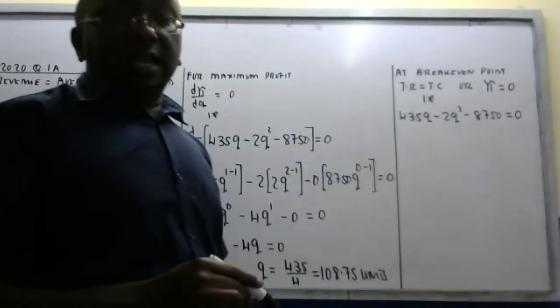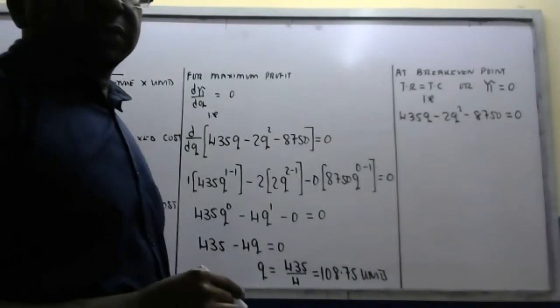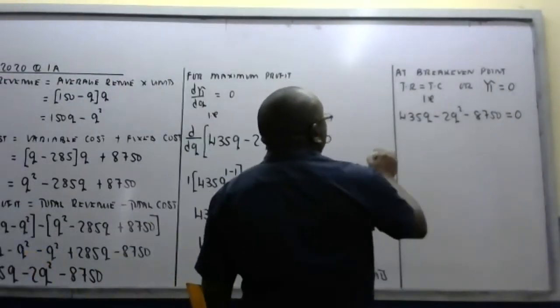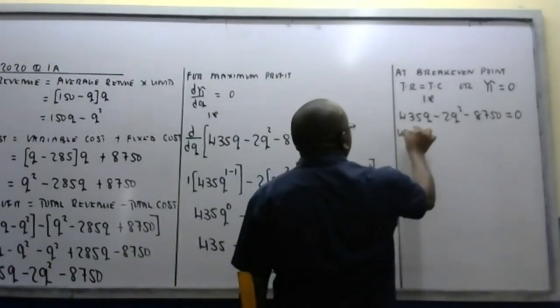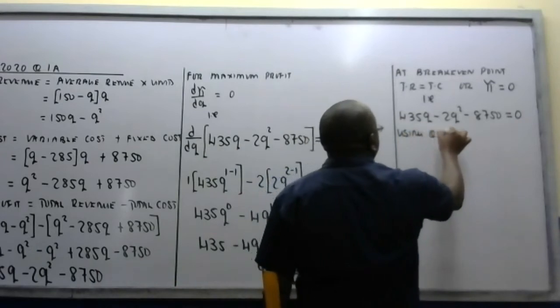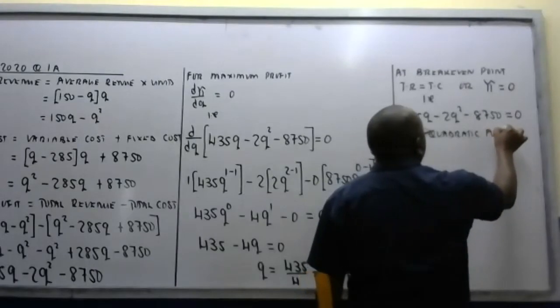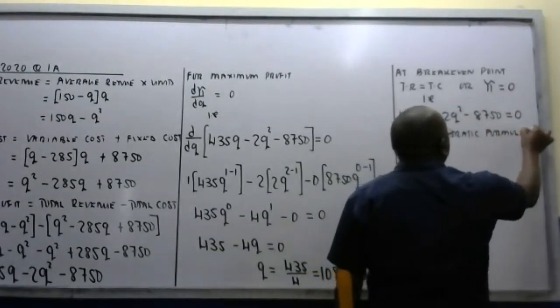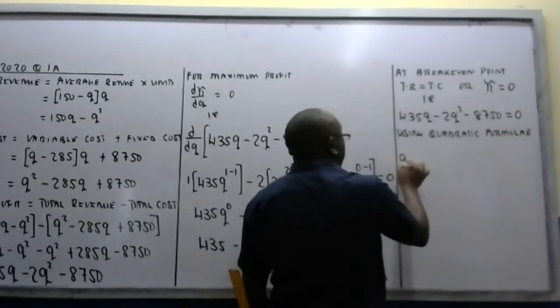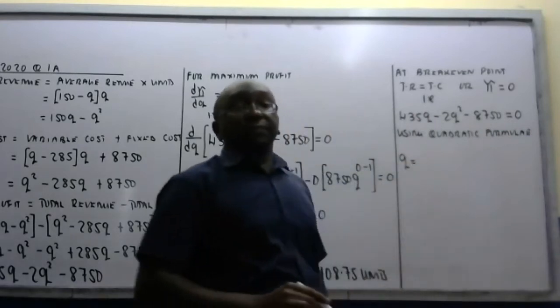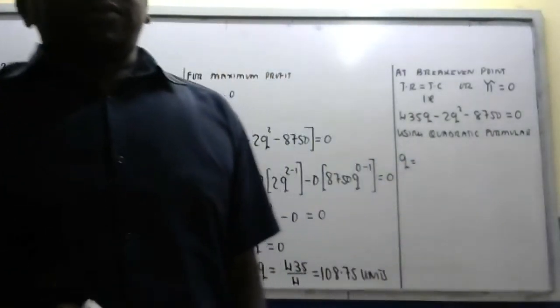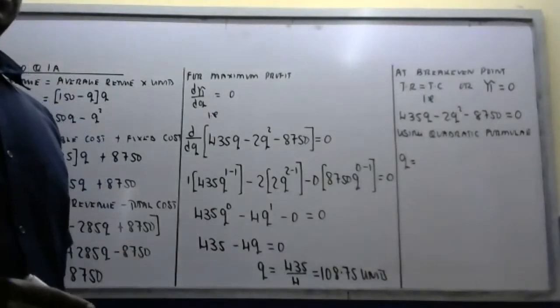So once again, that becomes a quadratic function. So you say using quadratic formula, which now we know so well. So I think I can just substitute straight. Is that okay? We have written that formula twice.